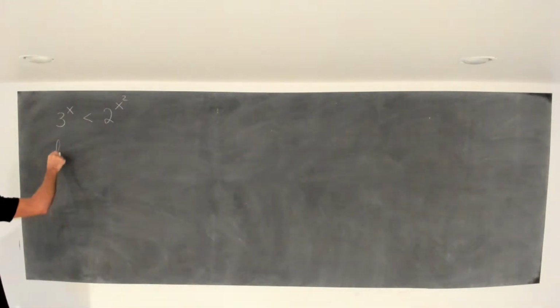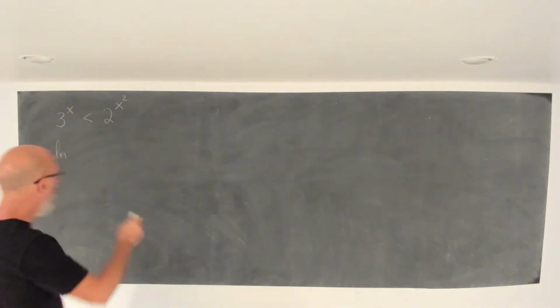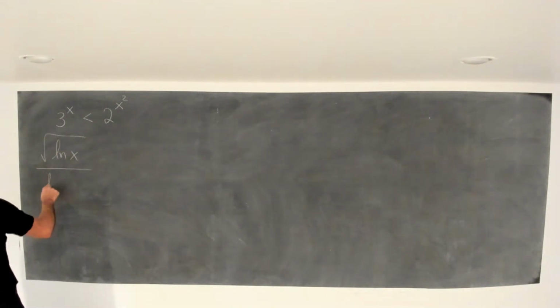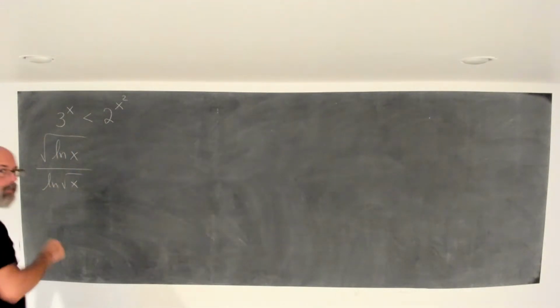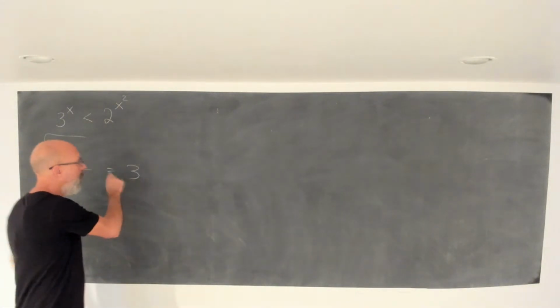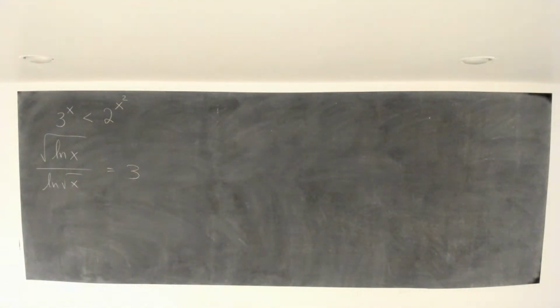Which is square root of ln x over ln of square root of x equal to 3. Work those two things out. I'll be back in a moment.